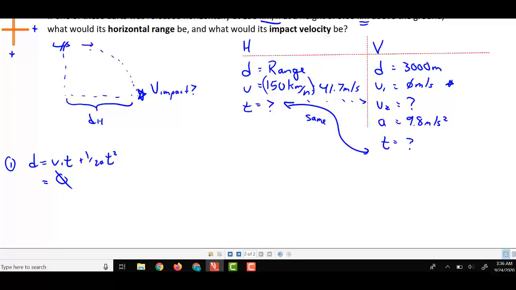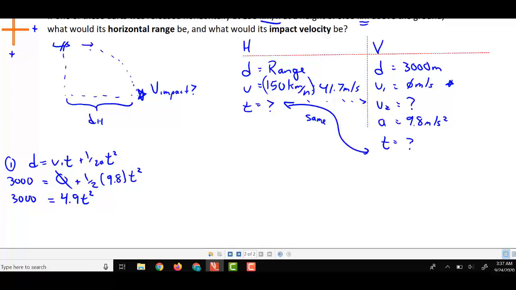Our vertical fall for these flechettes, if they were dropped from 3 kilometers up, would be 3,000 meters. This will develop a terrifying amount of velocity. 1/2 times 9.8 times time squared.